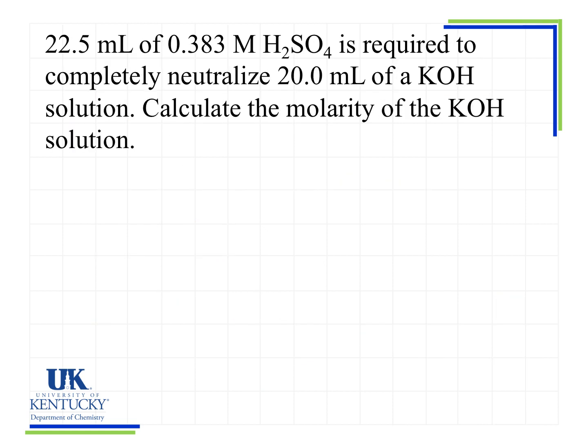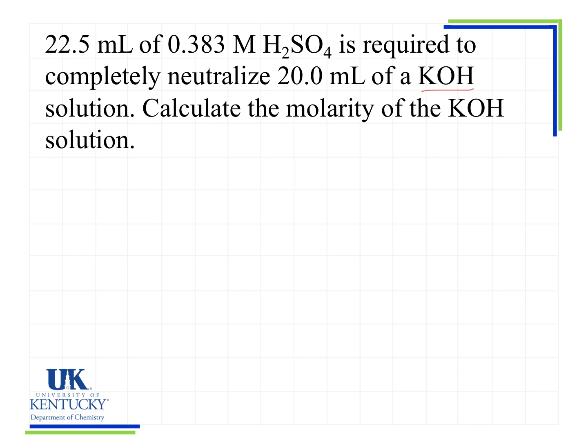Okay, we have another example. We have 22.5 milliliter of 0.383 molar sulfuric acid is required to completely neutralize, so what was a neutralization reaction? It was an acid-base reaction, right? To neutralize 20 milliliter of KOH, potassium hydroxide solution.